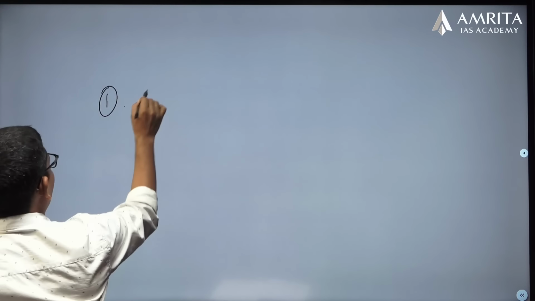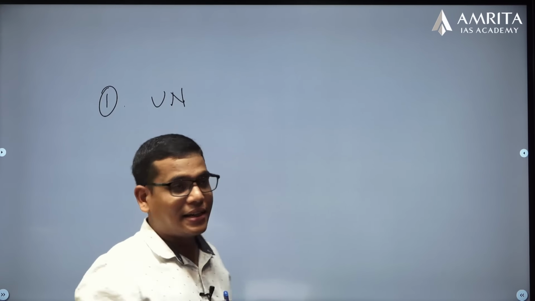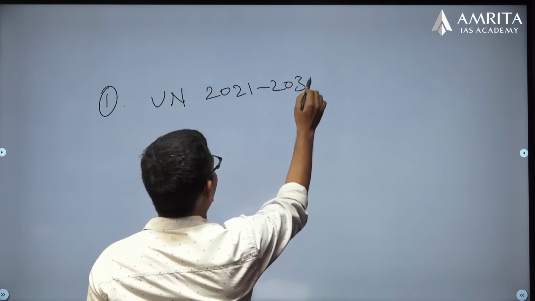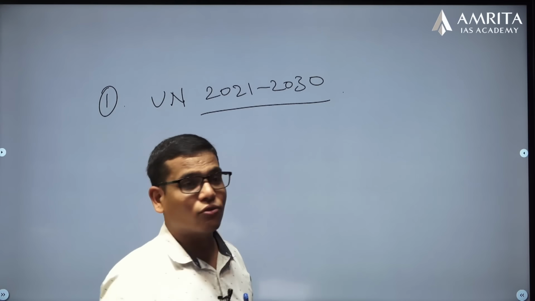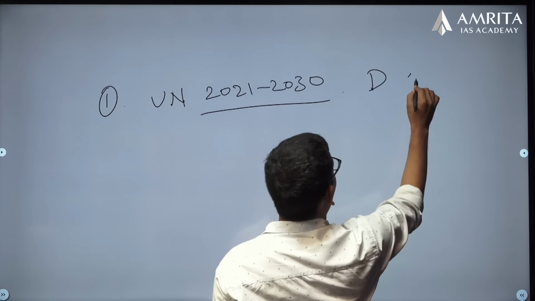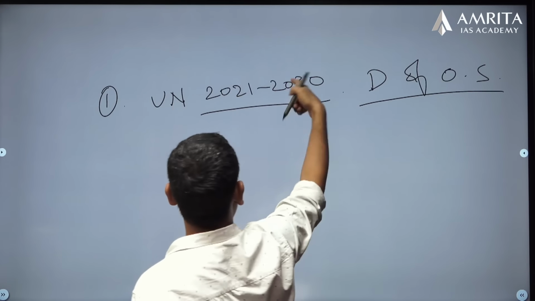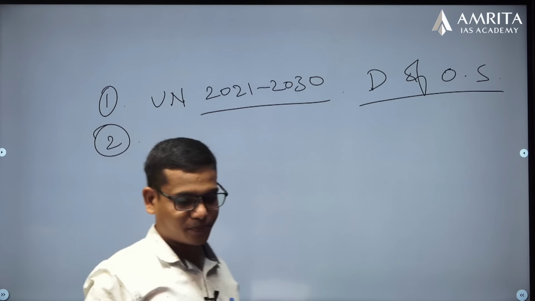First one is the United Nations. The United Nations declared the decade 2021 to 2030 as the decade of ocean science.